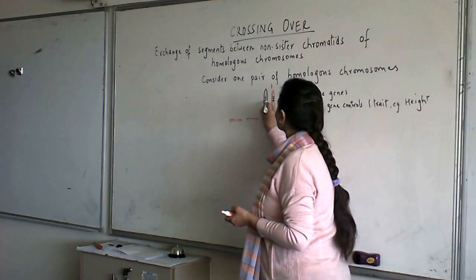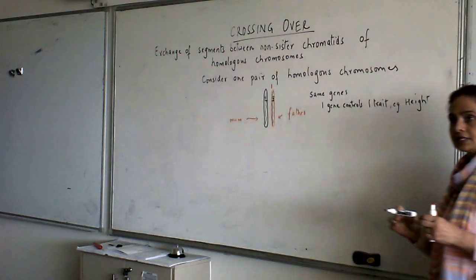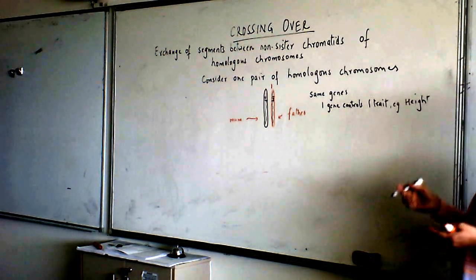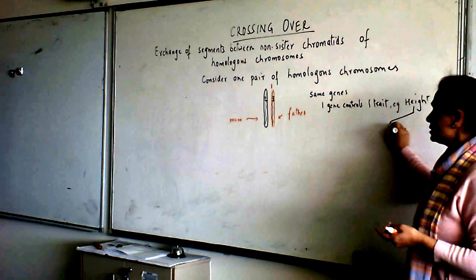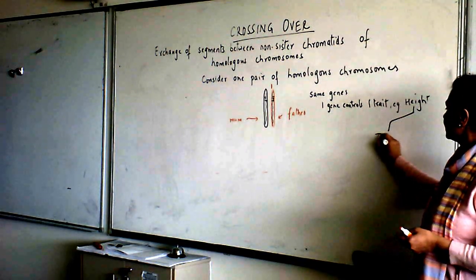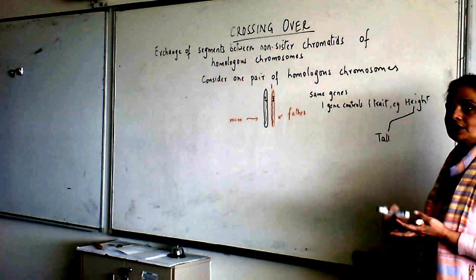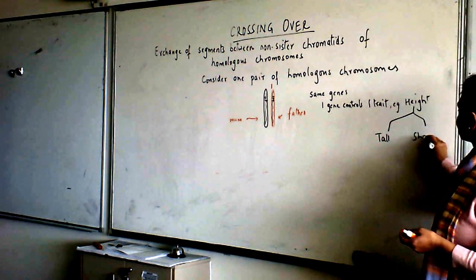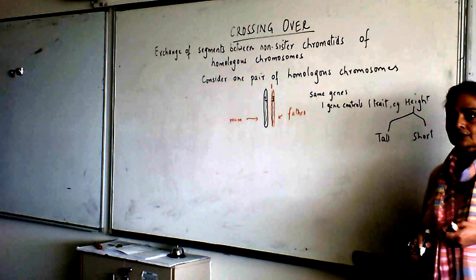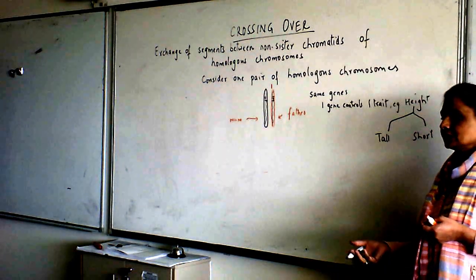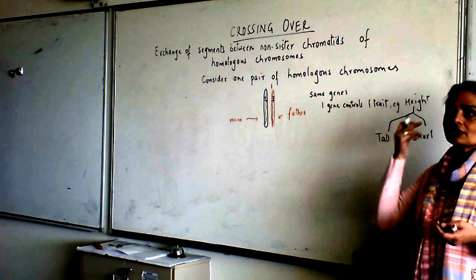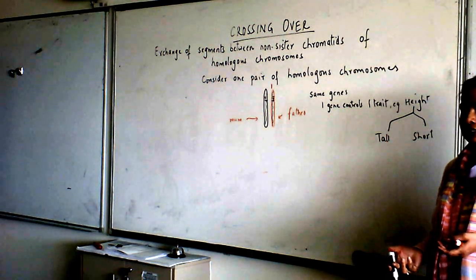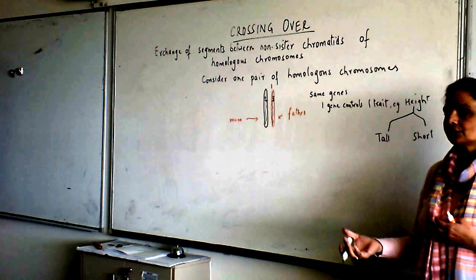And each trait can be expressed in two ways. Again, height, let's take this example, can appear as tall or it can appear as short. Another trait like color of hair could be black or brown. Color of eyes, texture of hair, curly or straight.